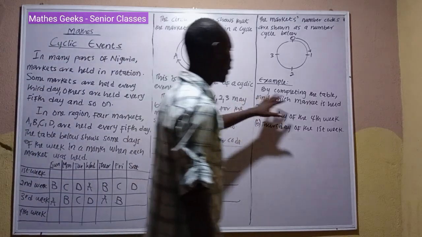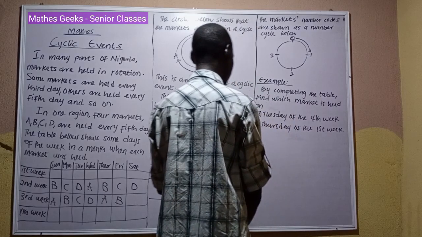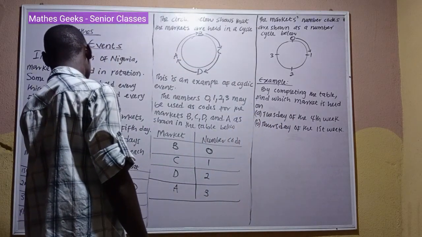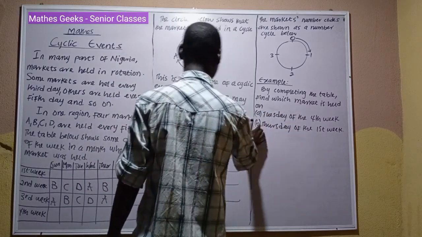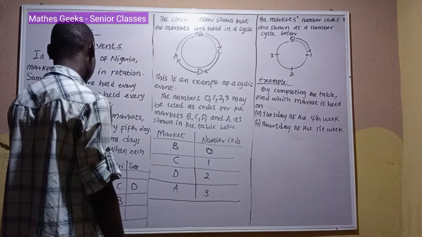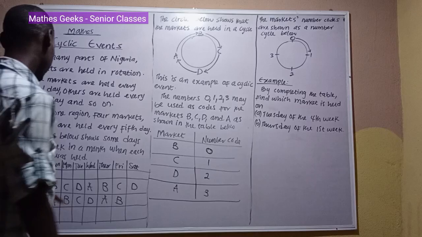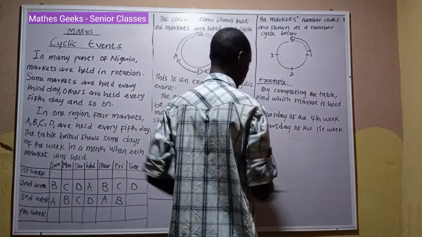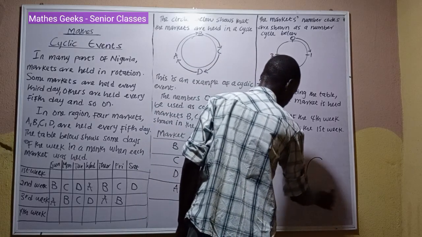By completing the table, find which market is held on A, a Tuesday of the 4th week, and B, a Thursday of the 1st week. So how do we fill up this table? We proceed by using the number code. So let me do our calculation here.